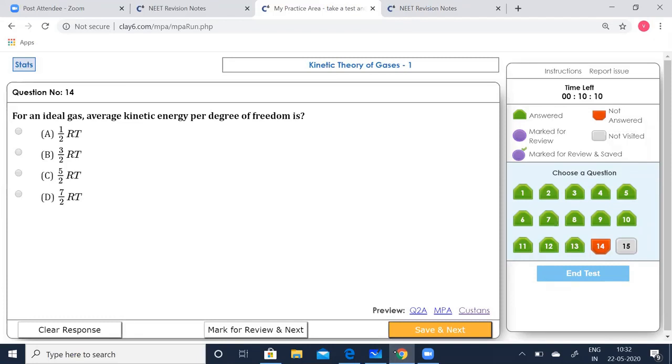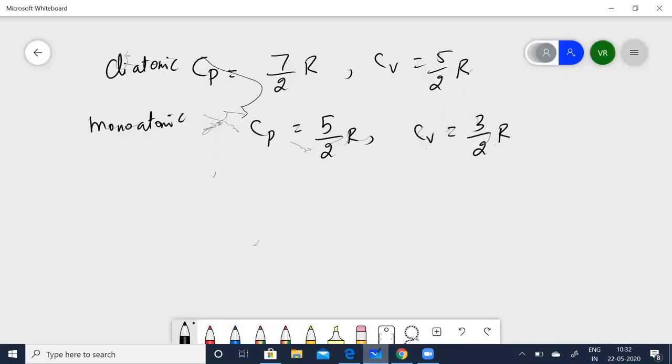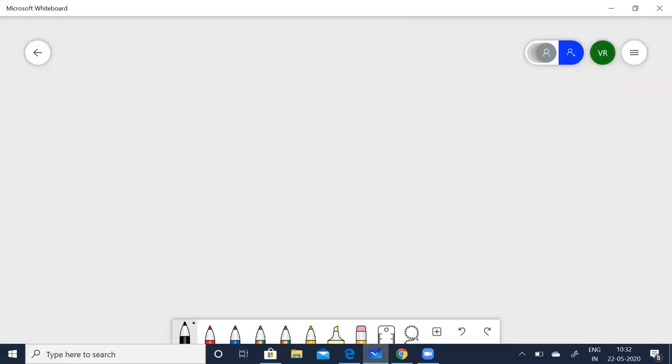For an ideal gas, average kinetic energy per degree of freedom is what? Let us solve that. Each gas has 3 degrees of freedom of translational motion along X, Y, and Z axis.